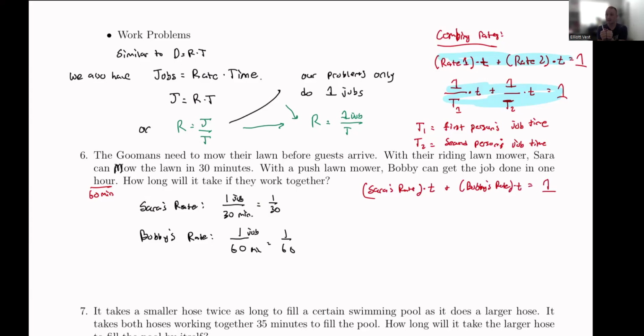You add the rates together for a certain amount of time. How long does it take to get the job done, right? So I'm going to go in this problem, 1 over 30 times t plus Bobby's rate is 1 over 60 times t is equal to 1. And 1 times t, I can just put that t in the numerator here. This makes life a little easier for us.